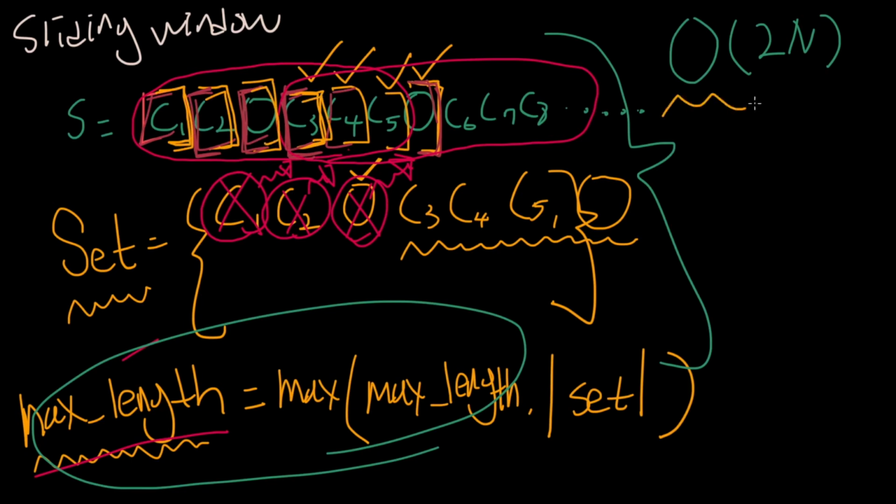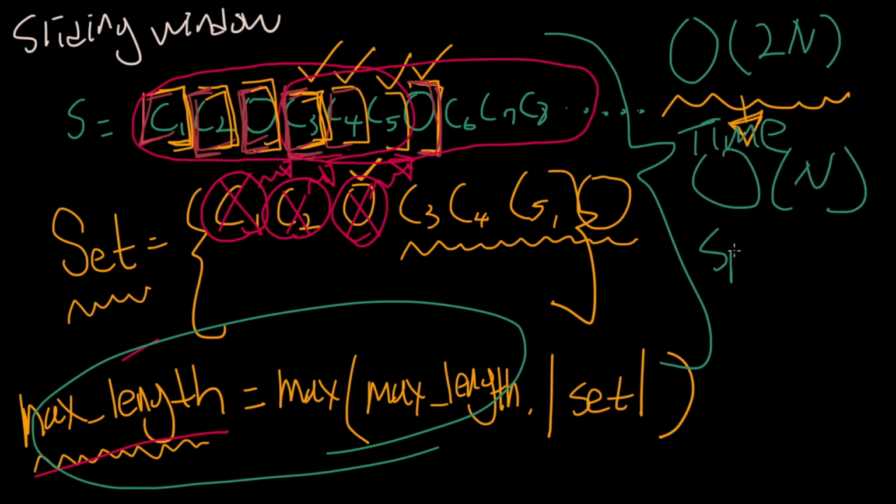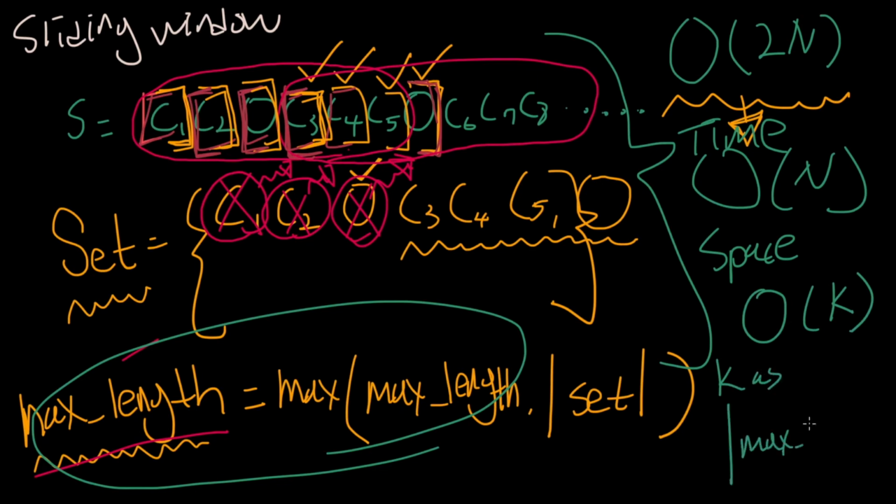So it might take, in worst case, big O of 2n, but this boils down to big O of n anyway. What is the space complexity of this algorithm? It's going to be O of k, k being the max length, which is the longest substring's length.